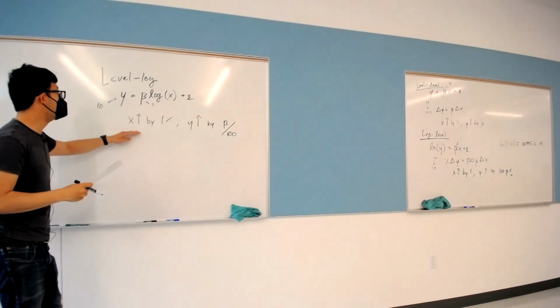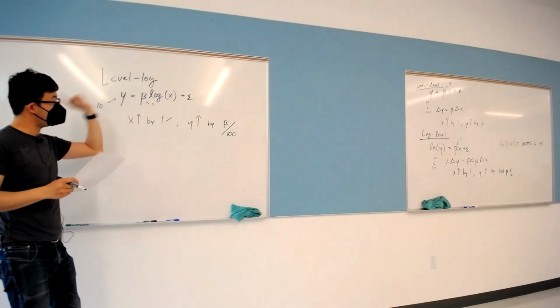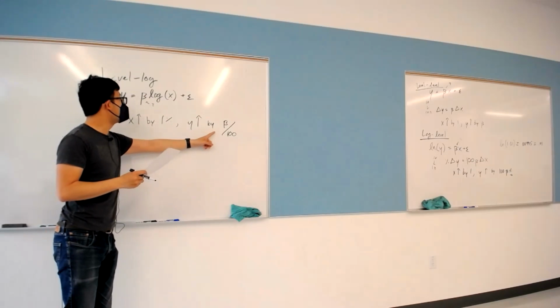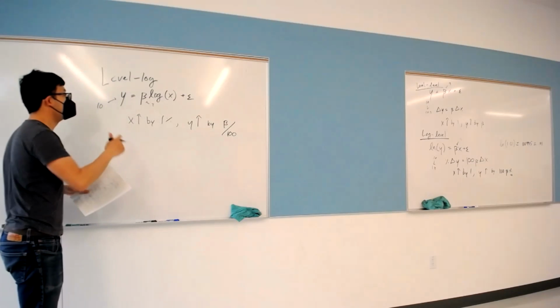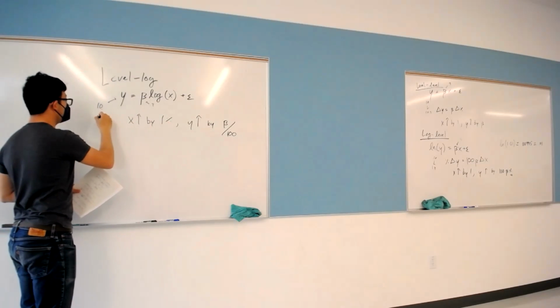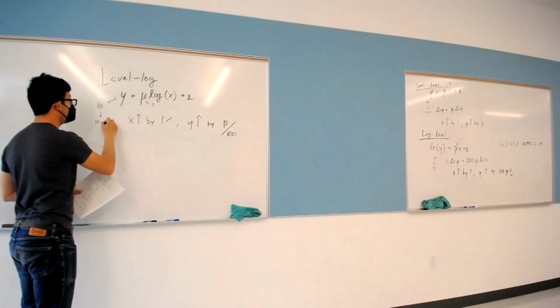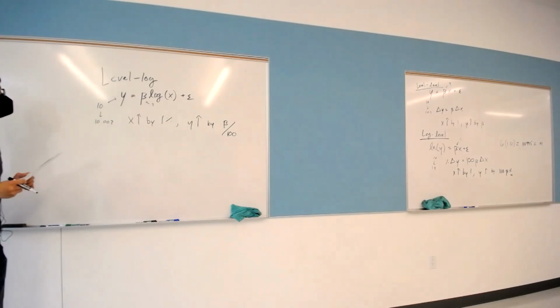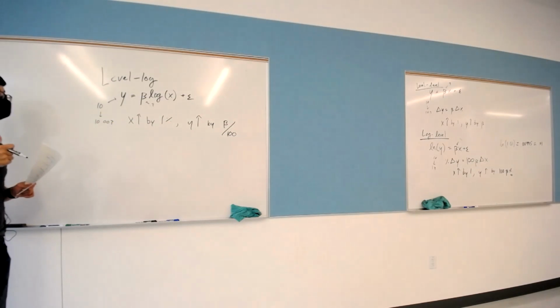So x goes up by 1%, and so y goes up by beta over 100. So this would go to 10.003. Great.